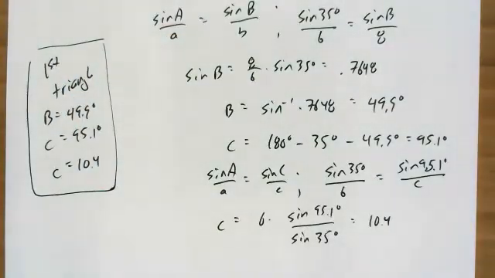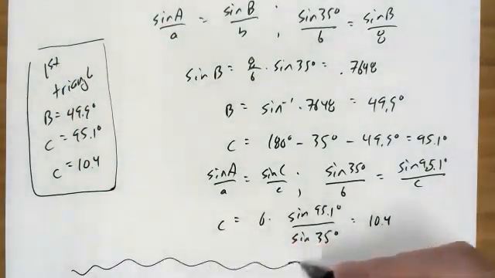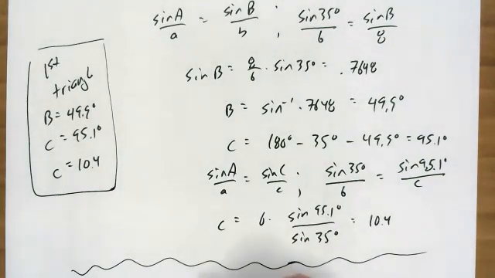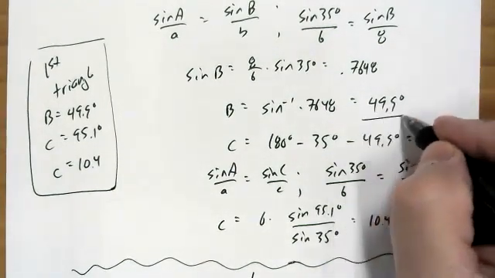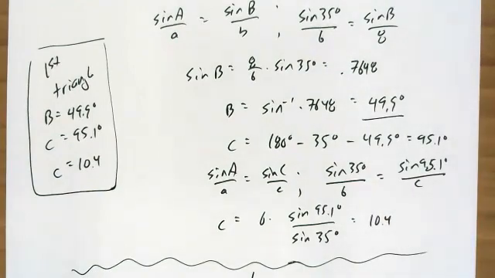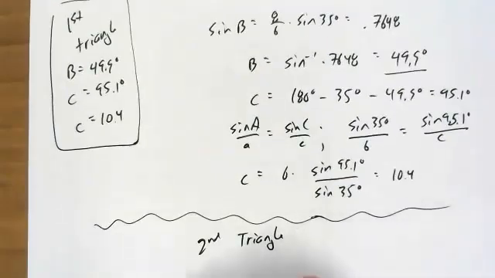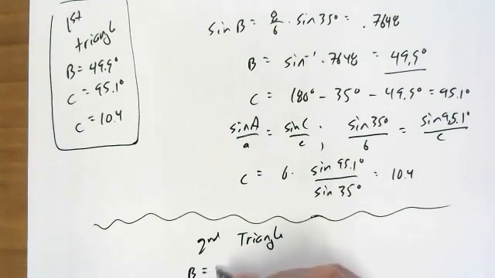There's a possibility that there is a second triangle. What you do is take the very first angle you uncovered before, which is B equals 49.9 degrees.